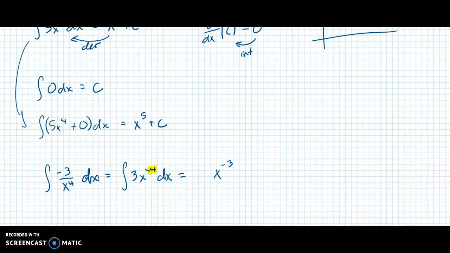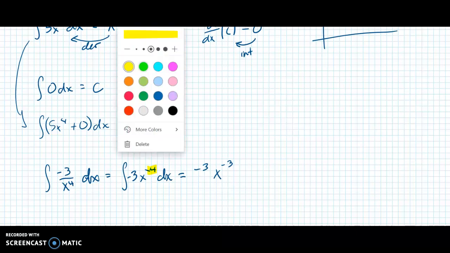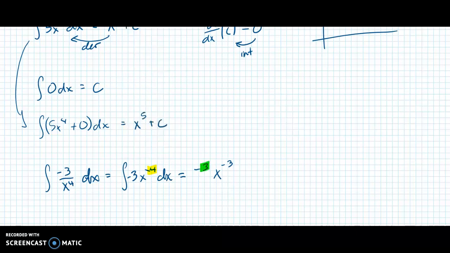And then I write my -3. That -3 is this -3. But then what I need to do is divide. I need to divide by this, so you can't see it, this right here. So I divide by -3. And that gives me, these guys cancel, 1 over x cubed. And I should write my plus c.